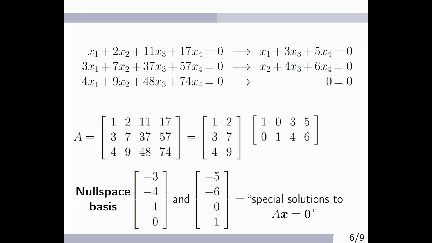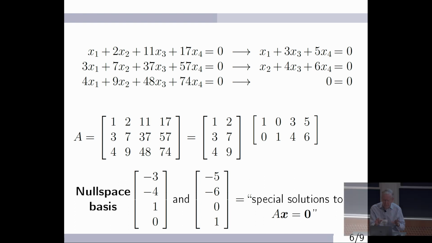And of course, we solve that equation and we find that those numbers 3, 4, 5, 6 appear with minus signs in the null space. Of course, I'm going excessively fast here. But my main point is to show you that a factorization can do a lot more than an algorithm. You can understand more from a factorization.